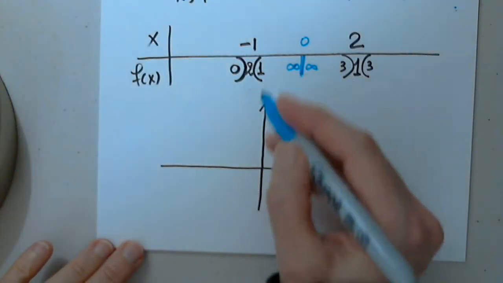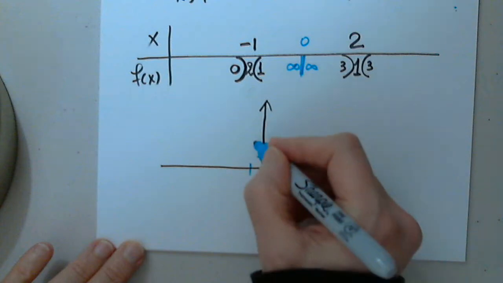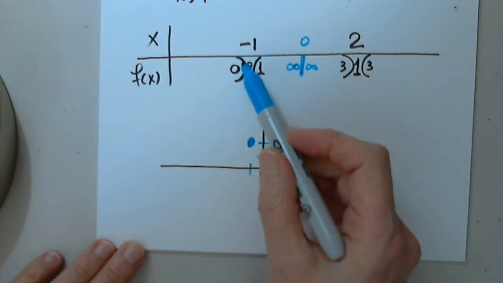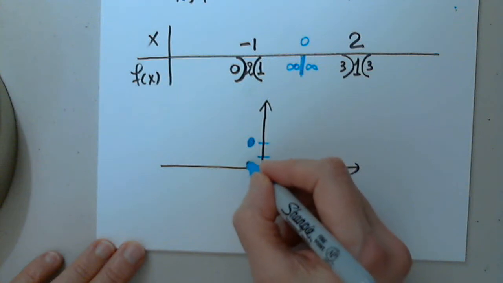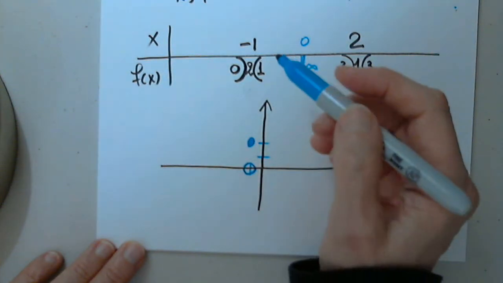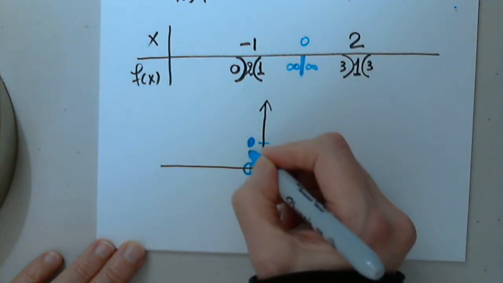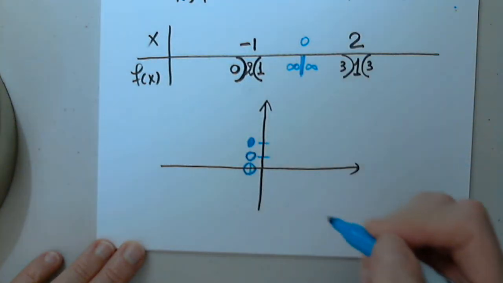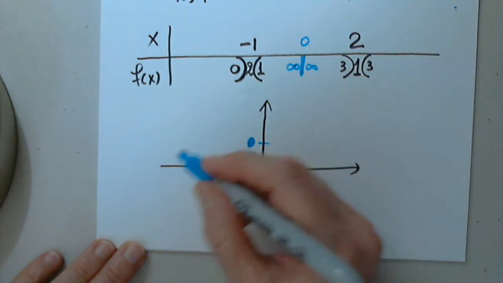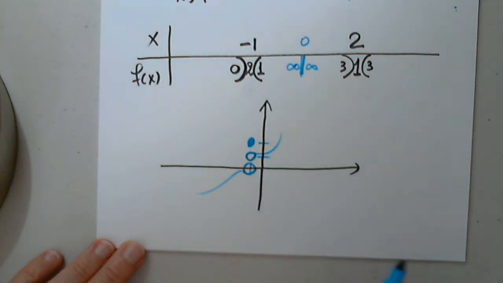So I start with -1, 2, which is a full point. But then -1, 0 cannot be a full point. And -1, 1 cannot be a full point. Otherwise, this would not be a function. And I'm going to do this, whatever you want.